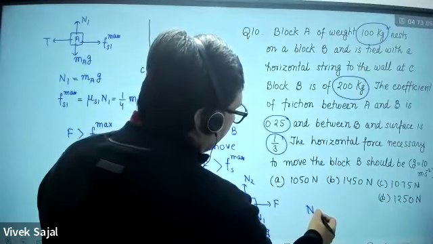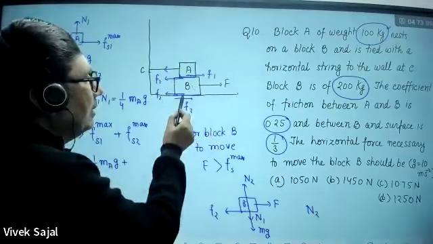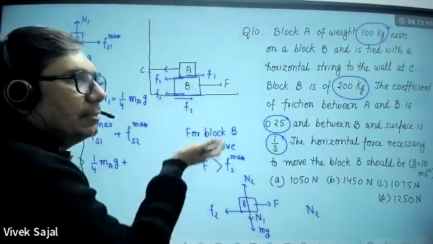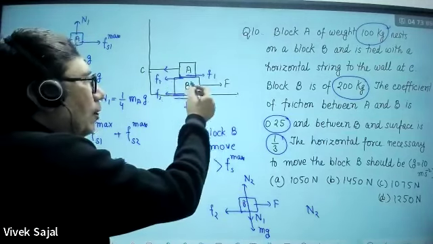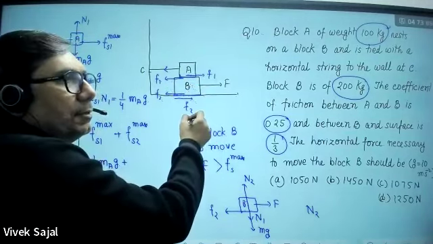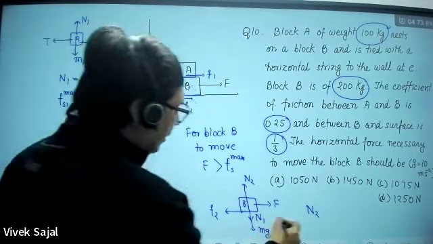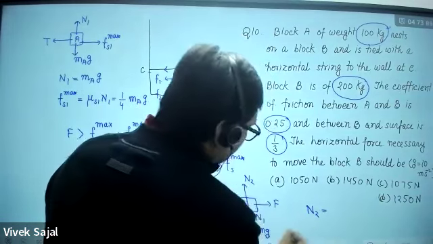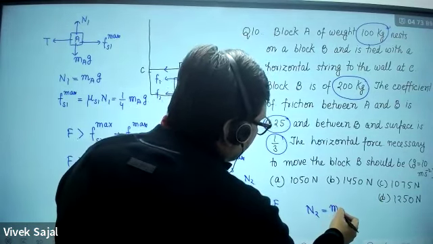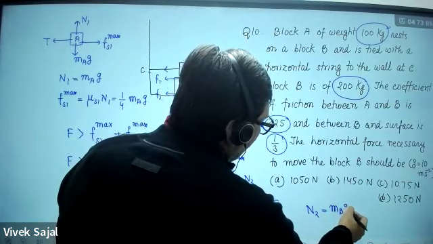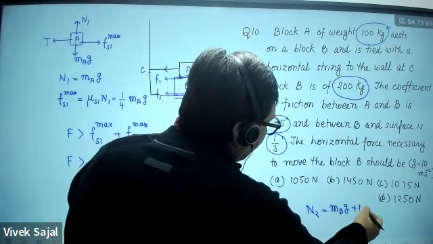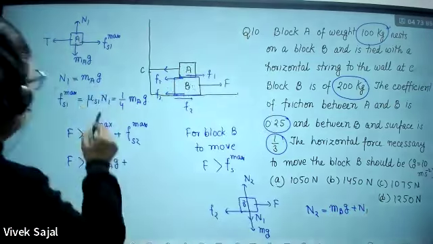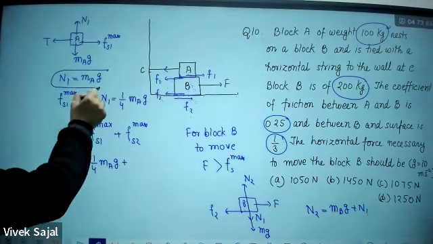What is N2? N2 is the reaction that Earth is applying on this block B, or this block B is applying on the Earth. That is the normal reaction. N2 will not be just MBG. This is MBG plus N1. And what is N1? N1 is MAG.